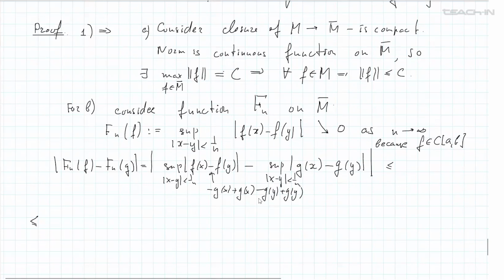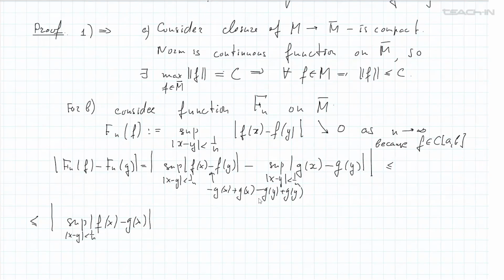So we obtain that f(x) minus g(x), which does not depend on y, but I will write that we take the supremum for x minus y less than 1 over n. Then plus g of x minus g of y.